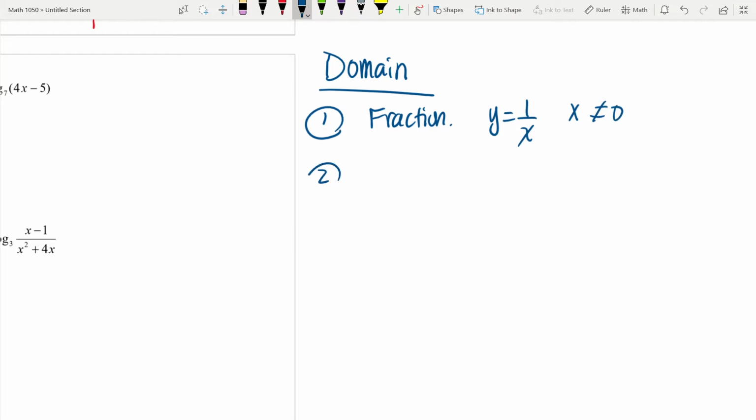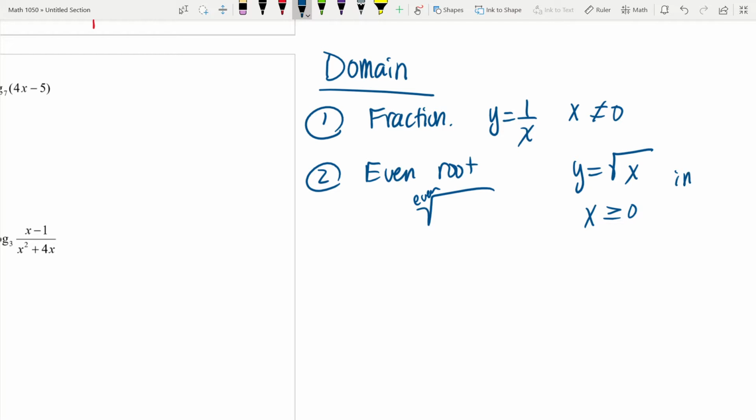What's the second thing you look for when you're finding domain? Even root. I think some people are like, I don't even know what even root means. Here's a root, an even number in there. Okay? Like y equals the square root of x. Talk to me about that. X greater than or equal to 0. Yep, so we're going to say inside greater than or equal to 0.